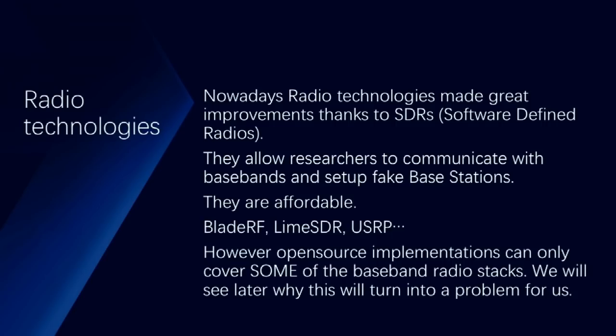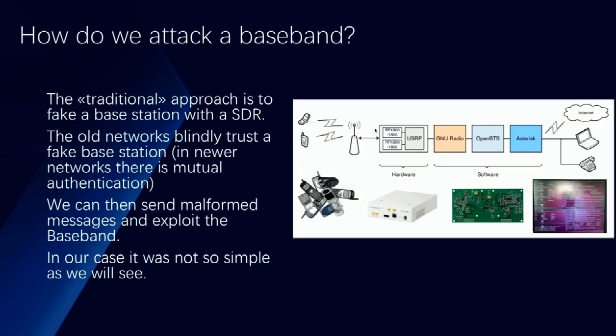An example of this kind of product can be BladeRF or USRP. And there is a lot of open source software, but the only problem is that they cover only some radio stacks. And we will see why this will be a problem for us. So the traditional way to attack a baseband is to run a base station with an SDR. The reason this is effective is that old networks like GSM don't have mutual authentication.